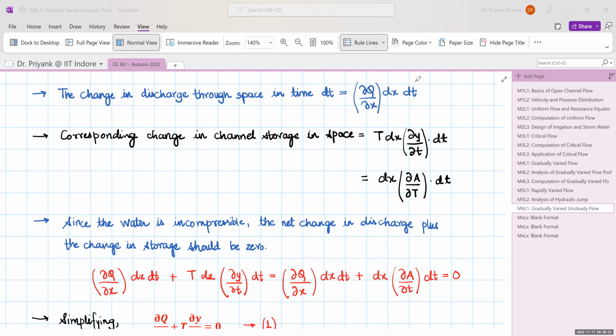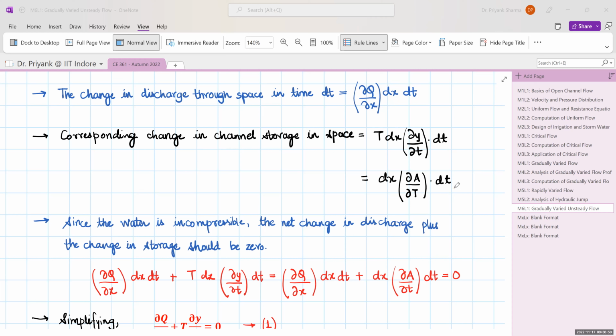Due to the change in discharge, there is a corresponding change in the channel storage, or you may call it volume. That is T, the top width, into dx, the distance, into del y by del t. This is the volume, into time dt. But T into del y is nothing but the change in area, del A. So it becomes dx into del A by del t into dt.